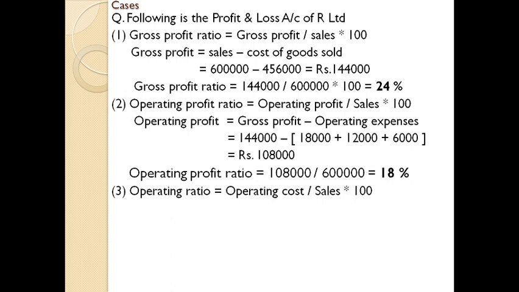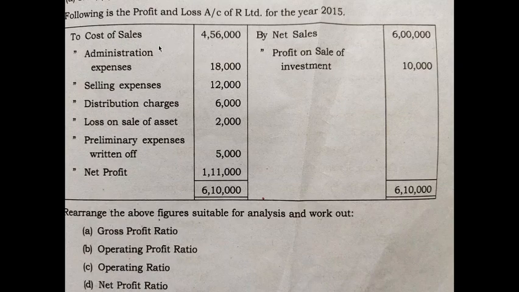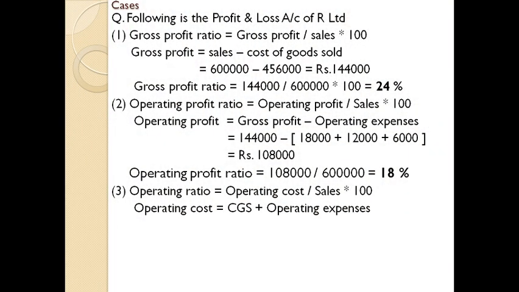And next one, operating ratio. As we have discussed earlier, operating ratio is just the other side of the coin, because here we study organizational efficiency on the basis of operating cost. And operating cost, we dealt with the same equation in the second module. For the time being, just understand that operating cost comprises cost of sales and operating expenses. The equation is cost of goods sold or cost of sales plus operating expenses.